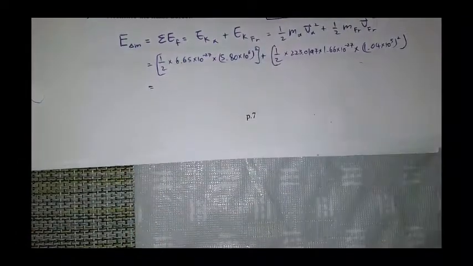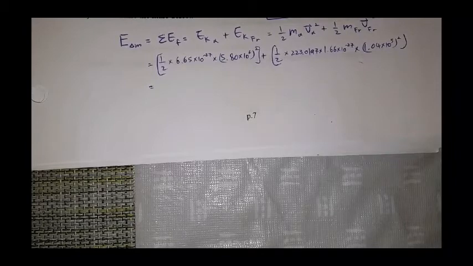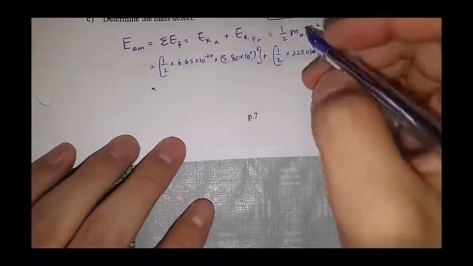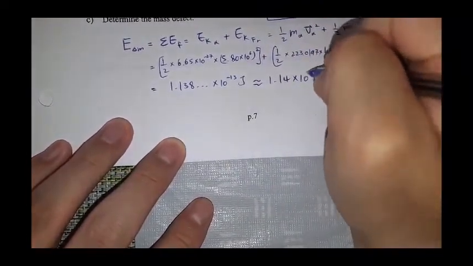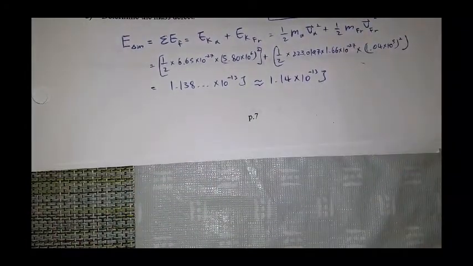And let's punch the numbers in. This may take some time. There you go, 1.13. So we got 1.14 times 10 to the power of negative 13 joules.